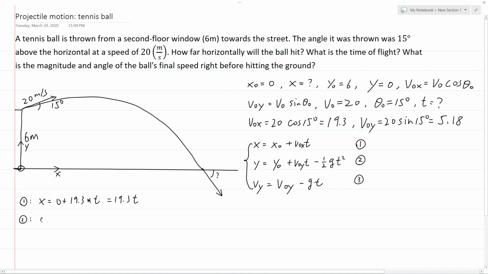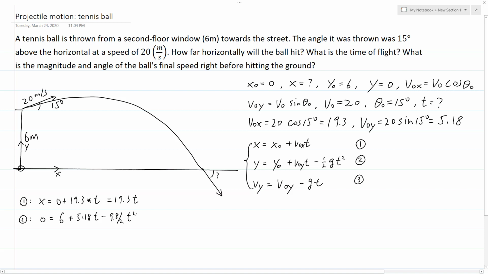Y, landing on the ground, street level, equals starting at 6 meters, plus 5.18 t, minus half g, which is 9.8 over 2, t squared.